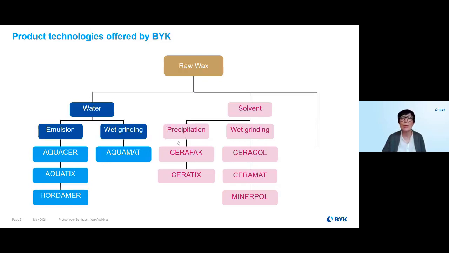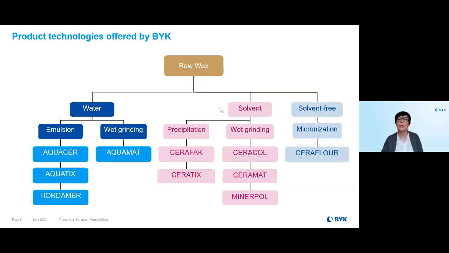Here we have products like the Ceracol, which are based on polar solvent. We have the CeraMat product, so even here the matting effect is similar to the AquaMat types, and the mineral oil-based wax additives, which are mainly used for the printing ink industry. And last but not least, the solvent-free micronized products, which are named CeraFlour. This product looks like a white flour.